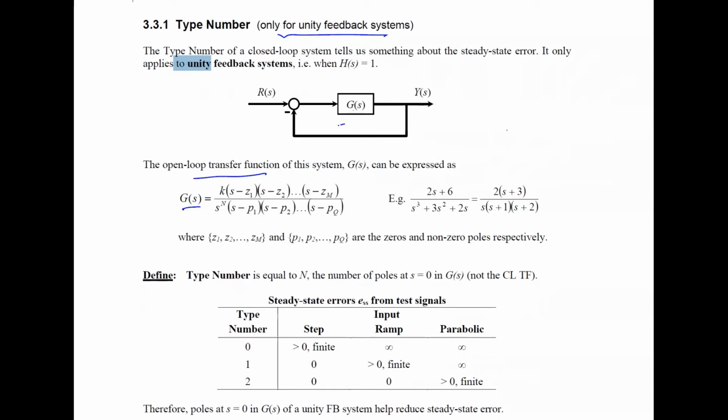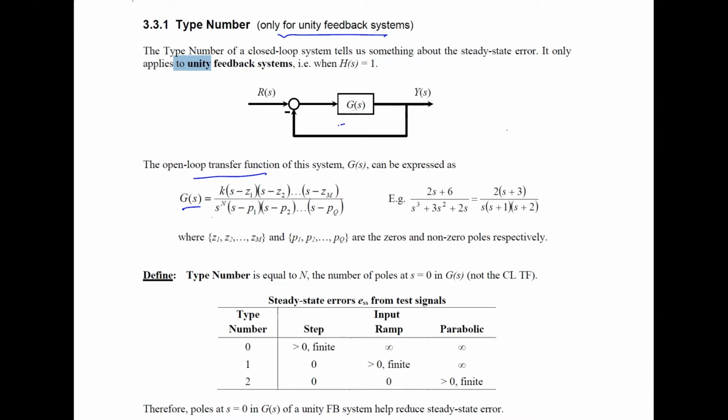This G is written as K times some numerator, which can be expressed as a product of individual terms coming from zeros, divided by some poles where n poles are at the origin, and then some other terms coming from poles at locations not at the origin.